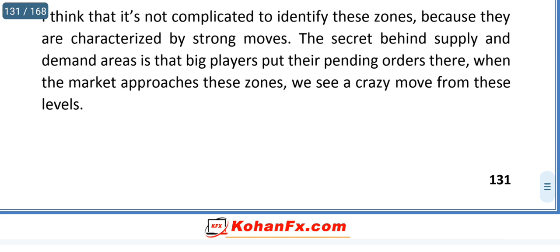And here we can see a crazy move from these levels.